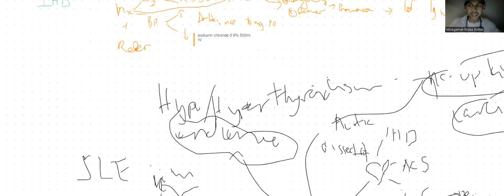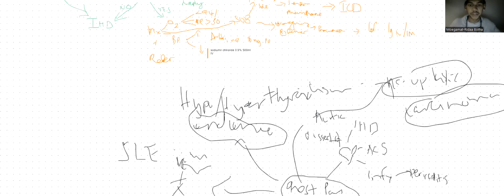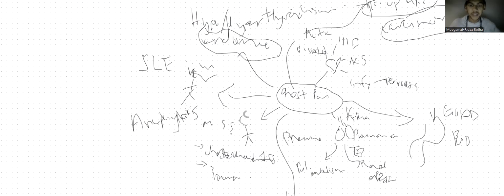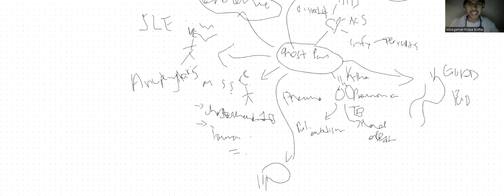And then I have a table for myself for a generalized approach to chest pain. We can start off from the top. So in terms of the neurological factors, you have generalized anxiety.